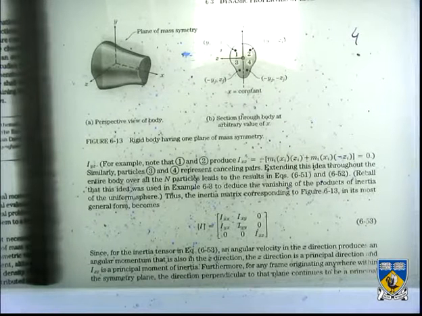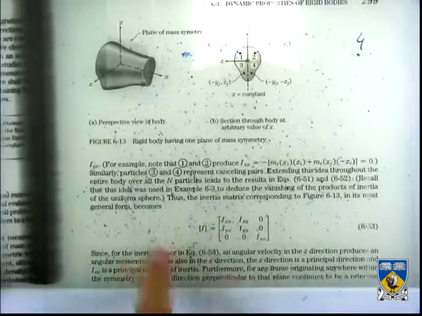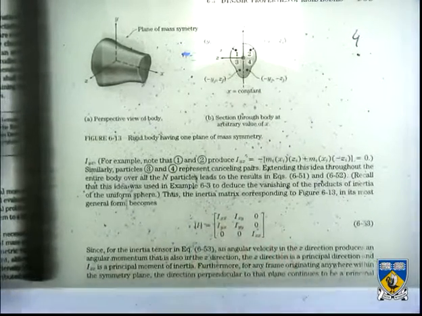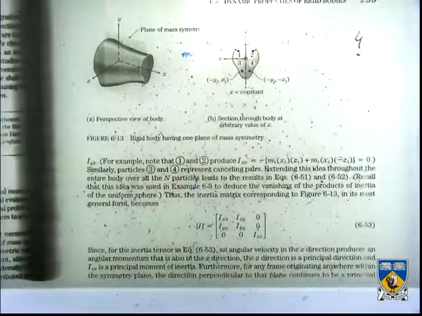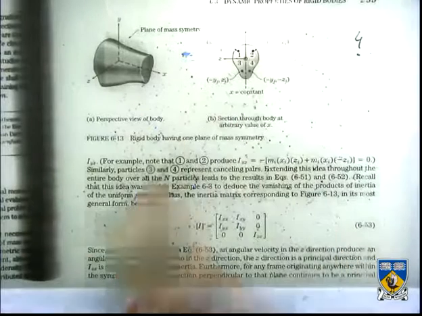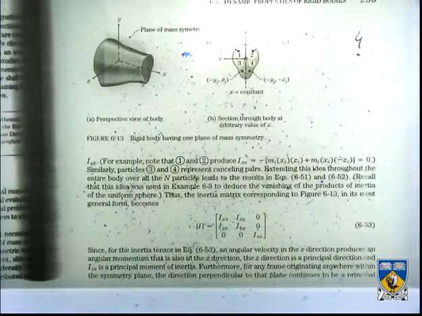So often, just by looking at the thing, you can immediately see that when you choose axes on the body conveniently, some of the products of inertia or all of the products of inertia will simply go away. Okay? So there will be zeros there.